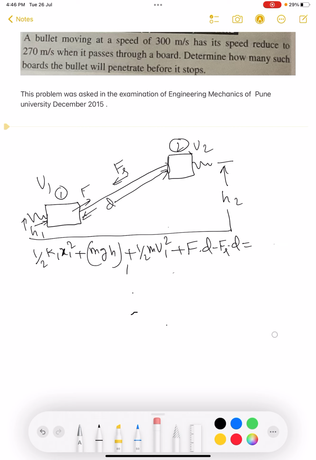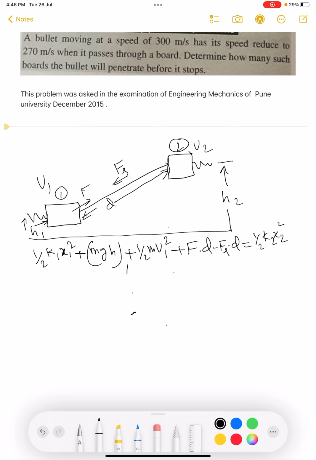This energy will again be in the form of spring energy, half k2 x2 square, where k2 is the stiffness of the spring and x2 is the compression or elongation, in general the deformation, compression or stretching.